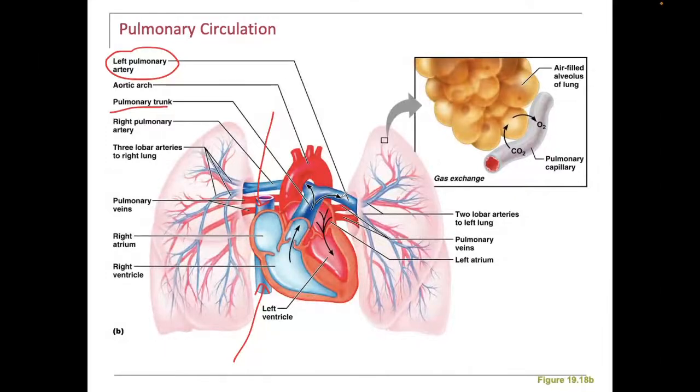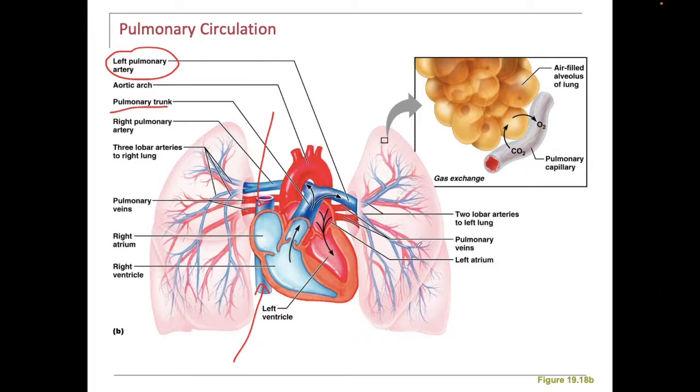And when it brings it into the left and right pulmonary artery, it's bringing this deoxygenated blood into the lungs, where it's picking up oxygen. Now, after it picks up oxygen in the lungs, it needs to find a way to get that oxygenated blood back into the heart.